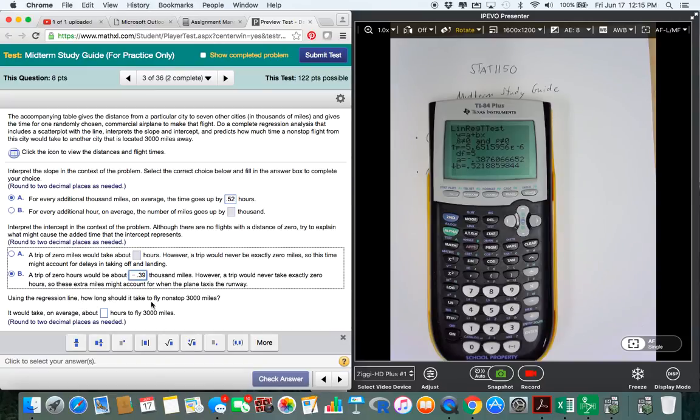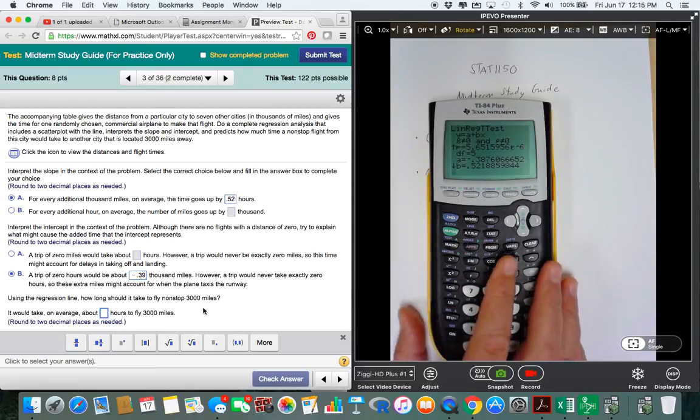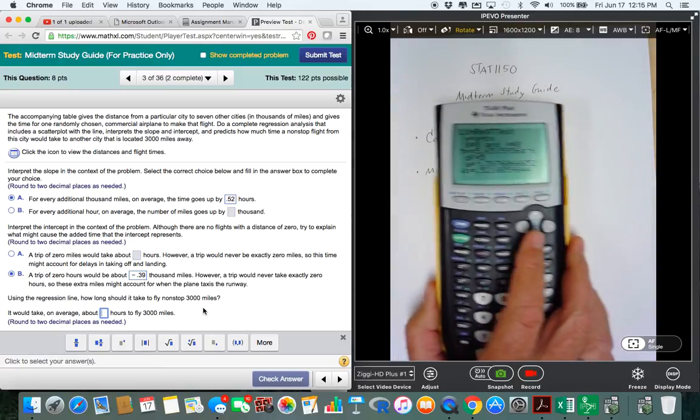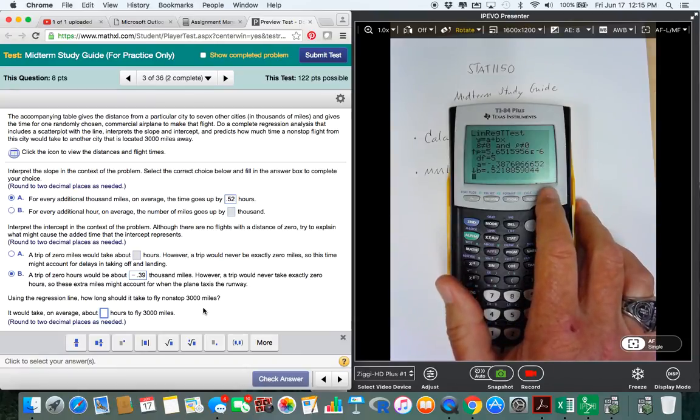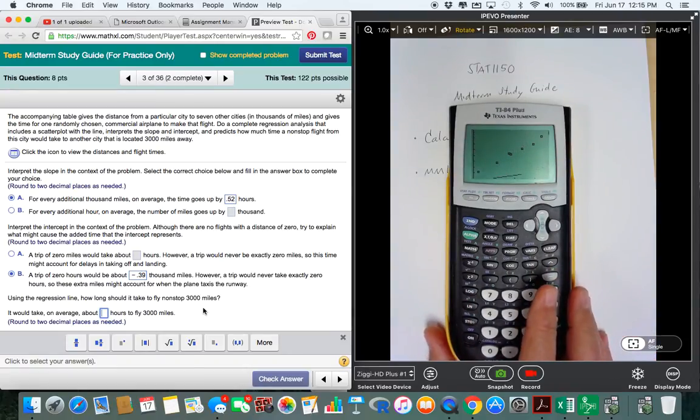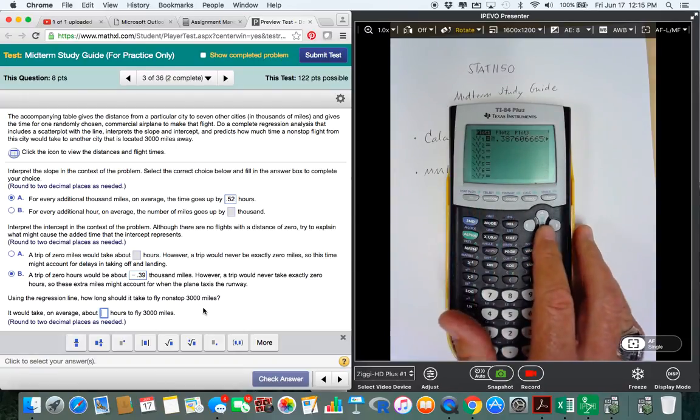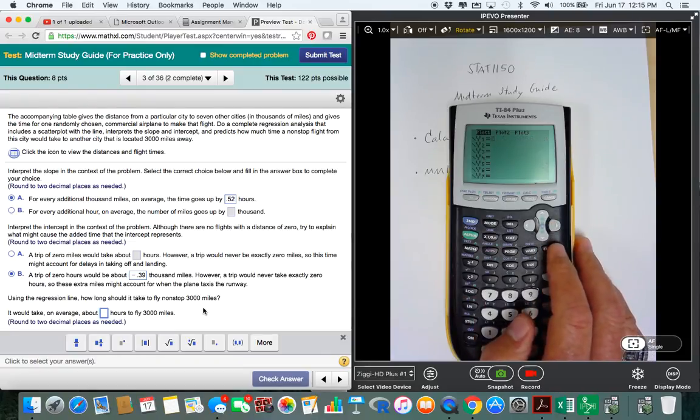Use the regression line to calculate how long it should take to fly 3,000 miles. So we just need to put 3,000 in our model. But let me show you an easier way to do that on your calculator. If we go to graph now, we're going to see that things just went wacky on me. Let's see what's going on here.